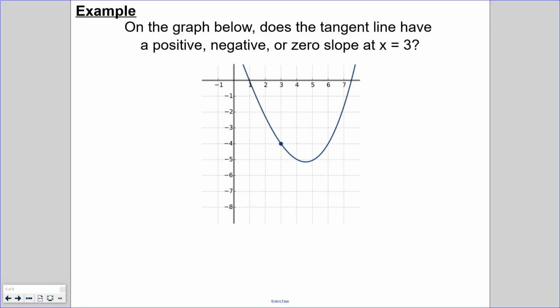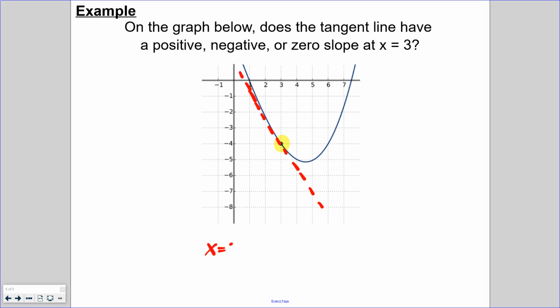And then our final example on the graph below. Does the tangent line have a positive, a negative, or a 0 slope at x equals 3? So, at x equals 3, we can see that this is the point on the graph. If we were to sketch a tangent line that goes through this particular point, we can hopefully see that this tangent line is decreasing, which means it's going to have a negative slope.